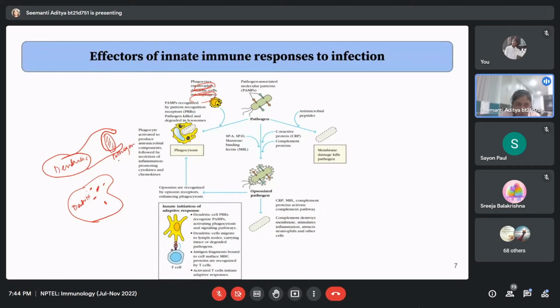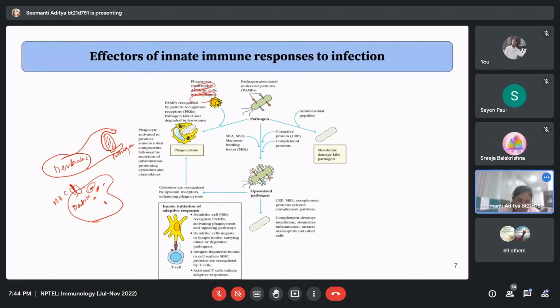After the pathogen has been engulfed, the dendritic cell will have certain molecules on its surface, known as MHC, the major histocompatibility complex. These molecules then bind to the small peptide fragments already cleaved after phagocytosis. Whenever a pathogen is cleaved into smaller fragments, this is known as processing of the antigen.